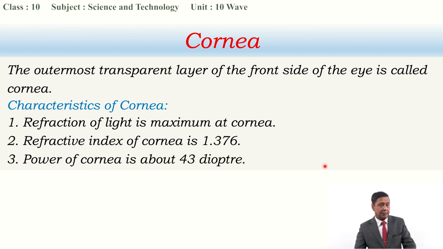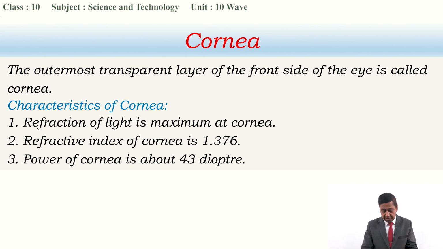The power of the convex lens of the eye is less than that of the cornea. The power of the convex lens of the eye in a normal eye is about 20 diopters, but here it is more than 40. It means two-thirds of the refraction is done by what? The cornea. The cornea refracts light a lot more than the convex lens.